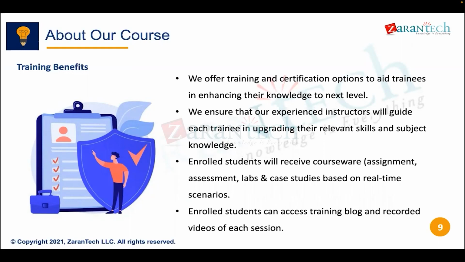Workday gives an update every 6 months about new features, and our team stays updated and prepares the course content accordingly. We give assignments, ask questions often, and give lab assessments so that students gain more and more knowledge.